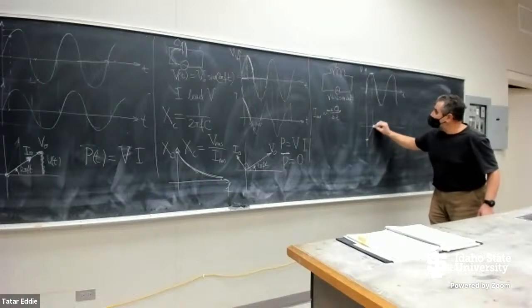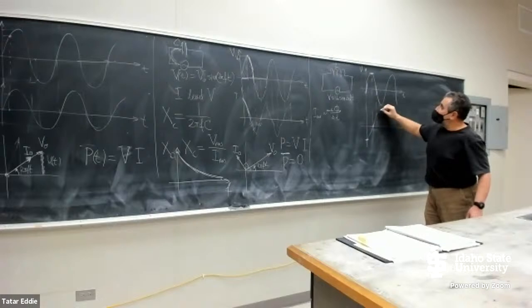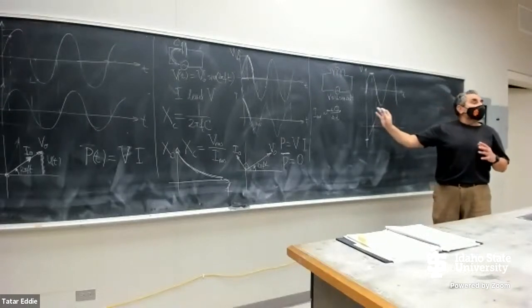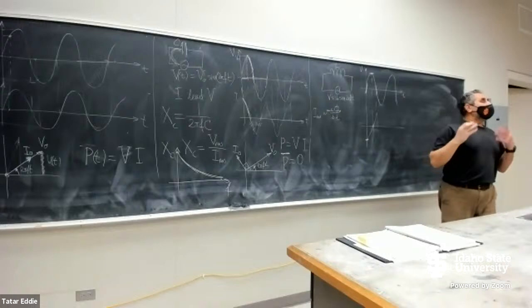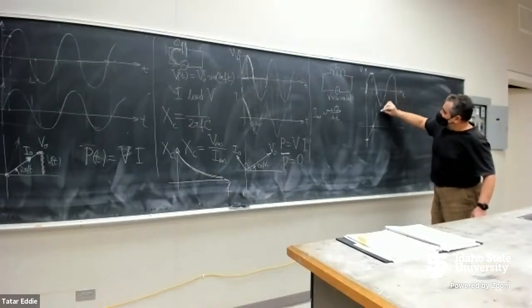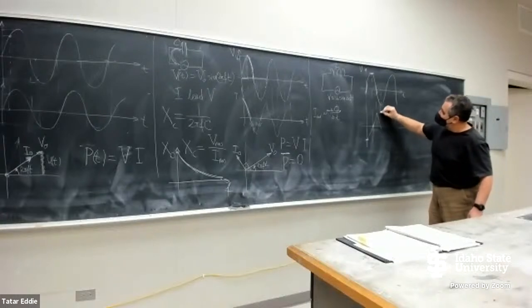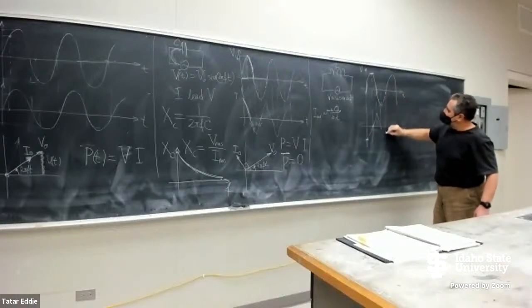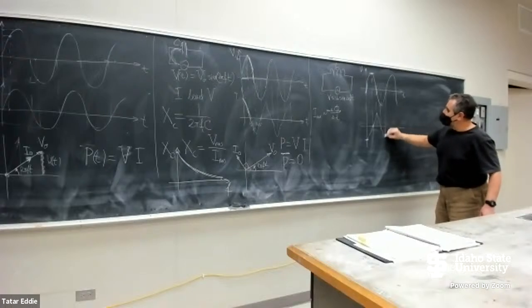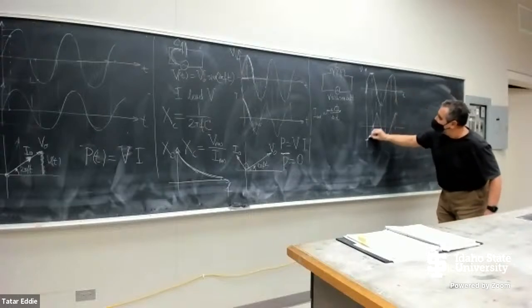So you're going to have a similar situation like before with the capacitor. Again, the current in your circuit is going to be out of sync with the voltage, and it is going to look like this. So you're going to have a maximum, going through 0 here, and going through a maximum here, and 0 here, and so on. Maximum here. In other words, you're going like this.